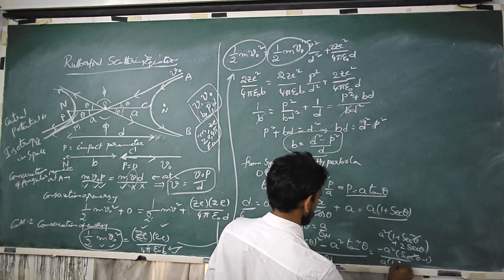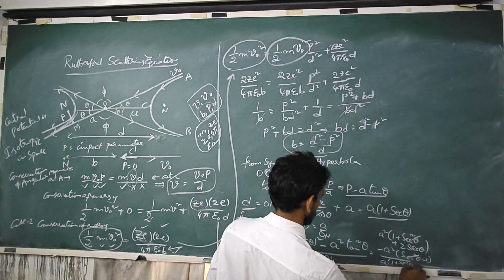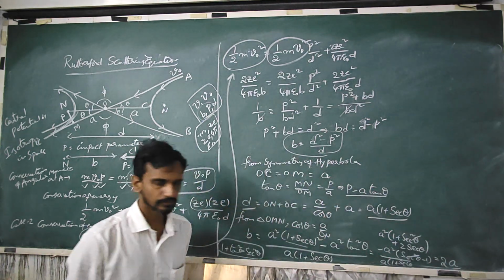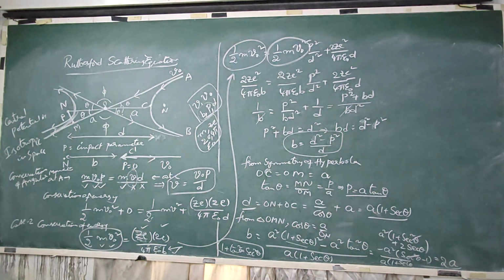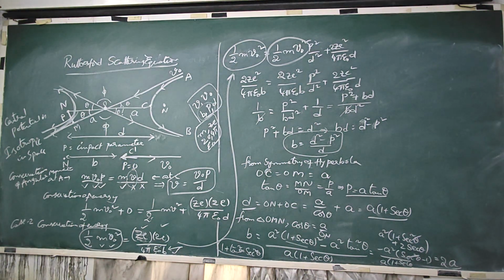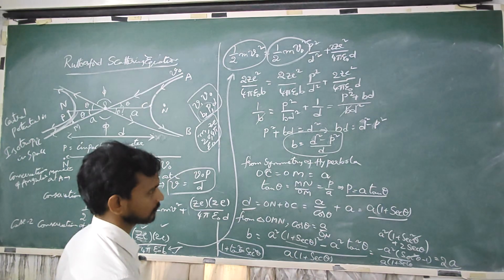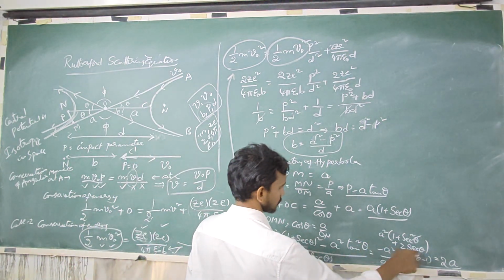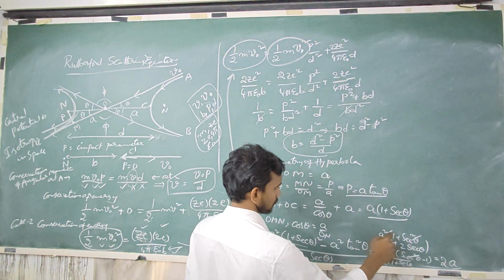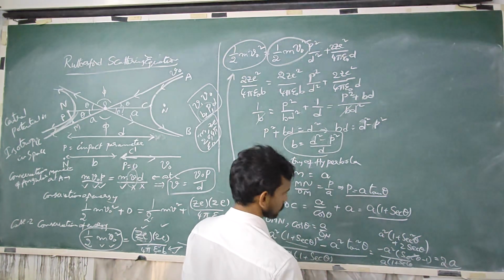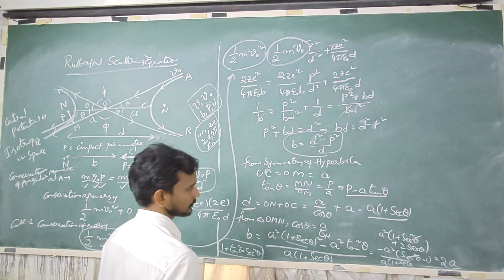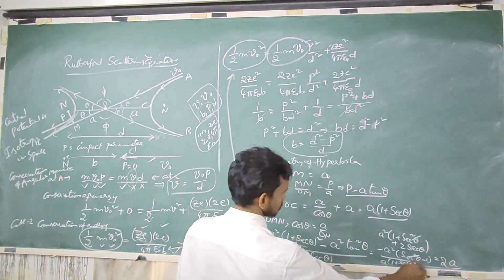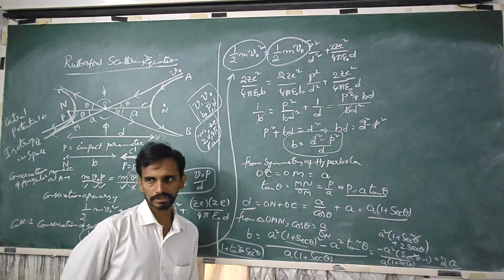By a times 1 plus secant theta. So in total you will get 2a. So here you got 2a square secant theta and a square plus a square, 2a square. If you take 2a square in common, you will be left with 1 plus secant theta. So result is 2a.